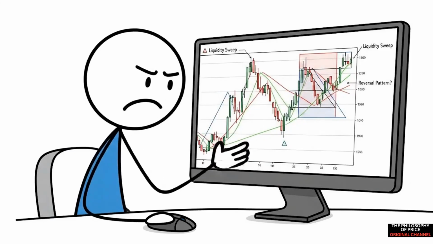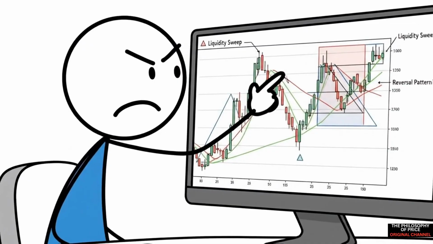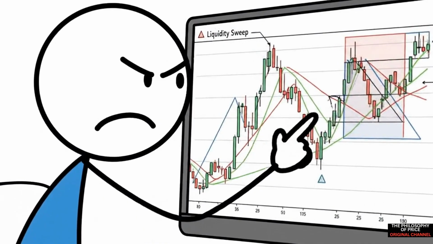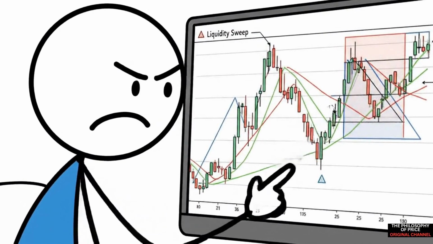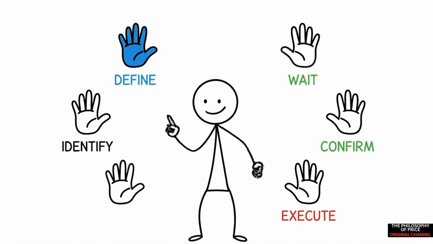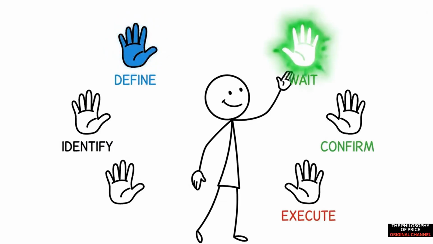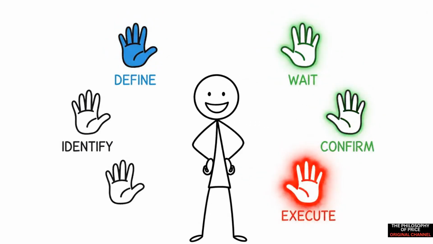And third, the death of a trend, understanding precisely when and how reversals occur, distinguishing real breaks from mere liquidity sweeps and recognizing fading signs. All these insights are seamlessly integrated by that powerful five-step framework. Define, identify, wait, confirm, and execute.